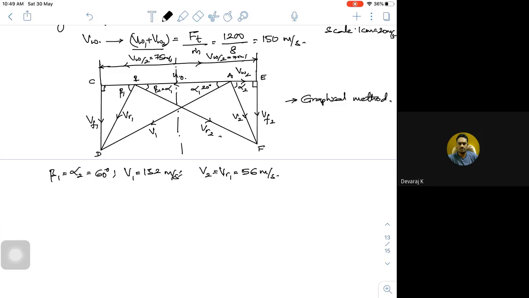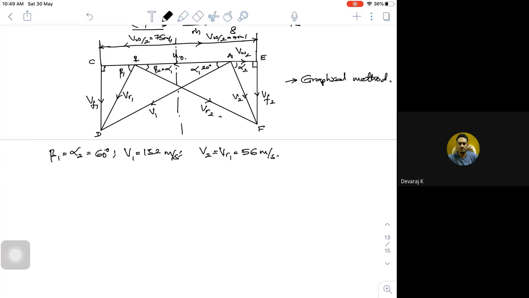Now, for a 50% degree of reaction turbine, R is equal to 0.5, the delta H isentropic for both the nozzle as well as the blade, as we have already seen, will be the same, VR1 square minus VR2 square by 2.